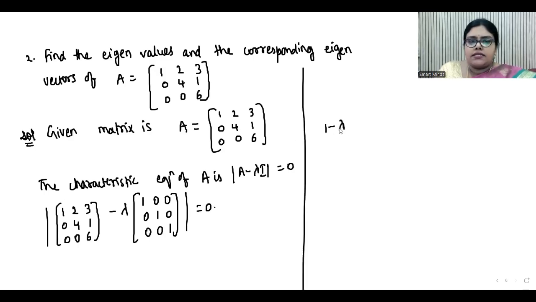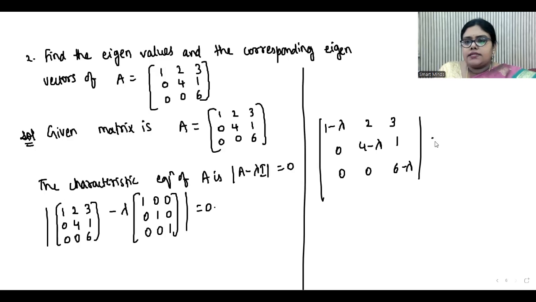Now this is 1 minus lambda, 2, 3; 0, 4 minus lambda, 1; 0, 0, 6 minus lambda, equal to 0.